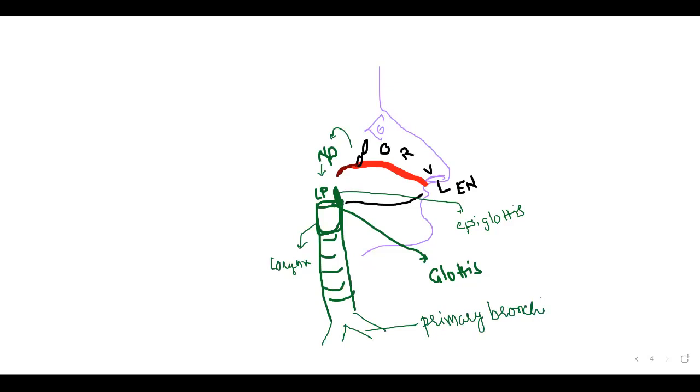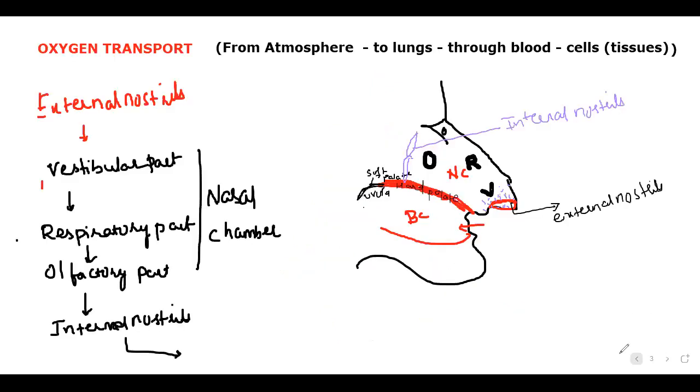So what we wrote till now: external nostrils open into the vestibular portion, respiratory portion, olfactory portion. Collectively we called it the nasal chamber, then internal nostrils. We wrote up to internal nostrils, isn't it? Then we need to continue.